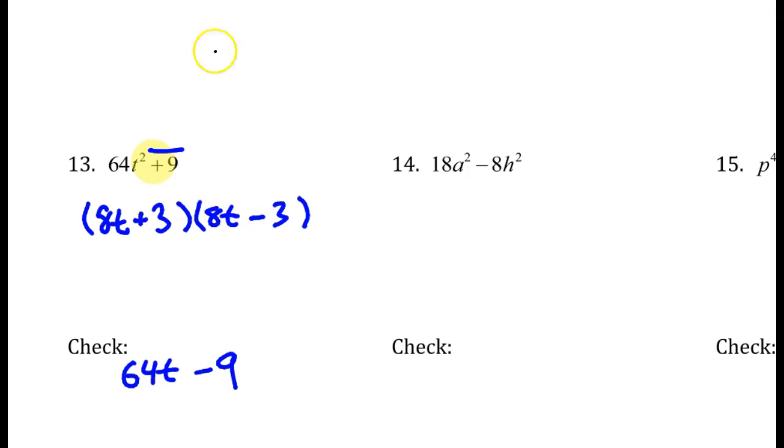And someone might say, well, why don't we just, if we need to be positive 9, why don't we just make them both positive, and then it'll be positive 9. But remember, the whole reason we had 1 positive, 1 negative is so when we did the check, we would have the center cancel out. So if we have them both positive, we'll get 24t, right?